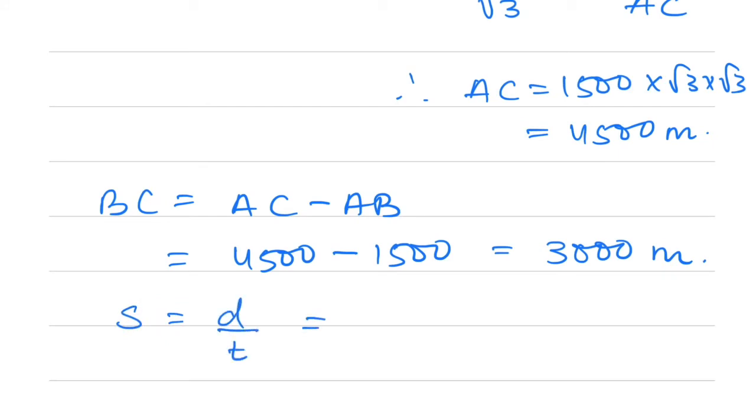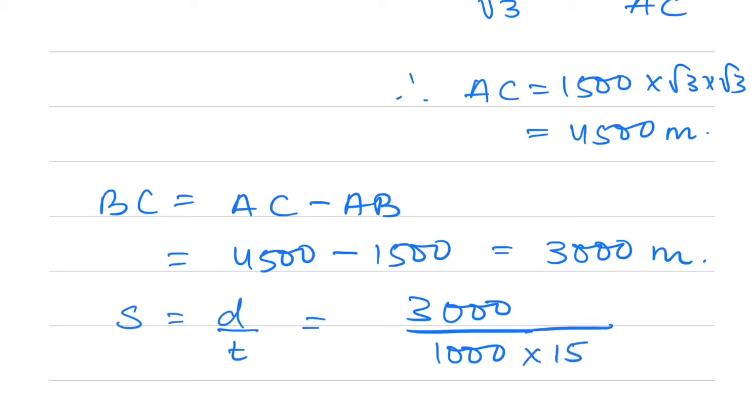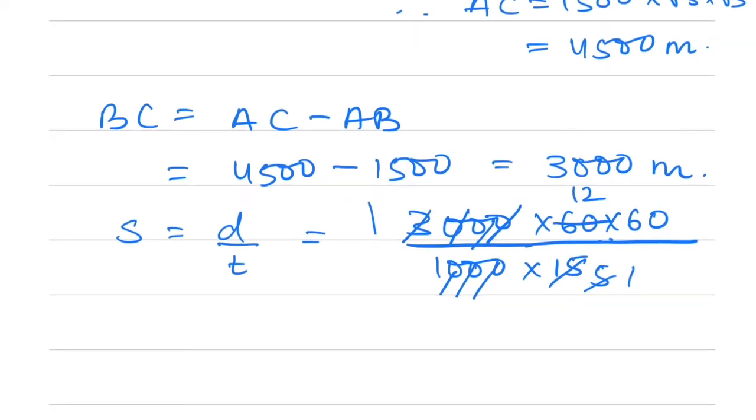So distance is 3000 meters and I have to change it to kilometers, so I'll divide by 1000, and time is 15 seconds and I will change into hours. I have to find this in kilometer per hour, so I can write it like that. 30 gets cancelled by 3 zeros, and so this is equal to 720 kilometer per hour.